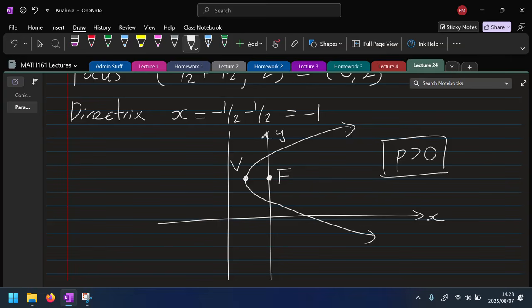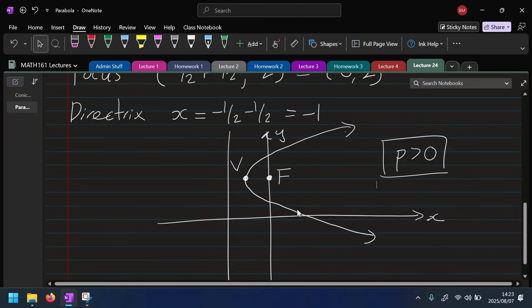Any questions on this first example? No questions. Okay. And you don't have to worry about filling in all the other points. As long as you got the vertex, the focus, the directrix, the rest you just freehand in place there.